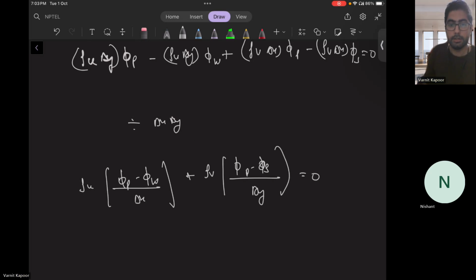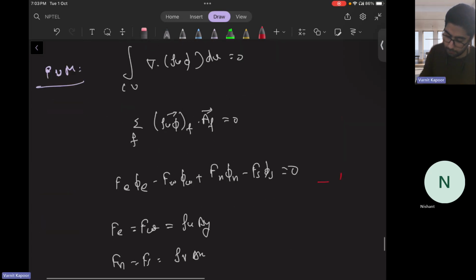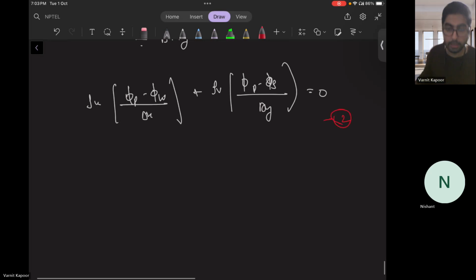Okay. So these are your two equations. Let us assume that this is your first equation, and after rearranging, your second equation is this. Now you need to expand.